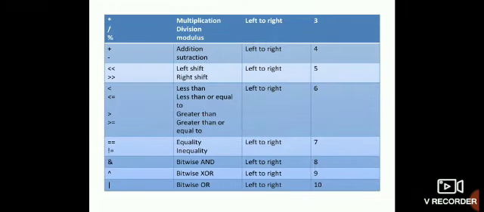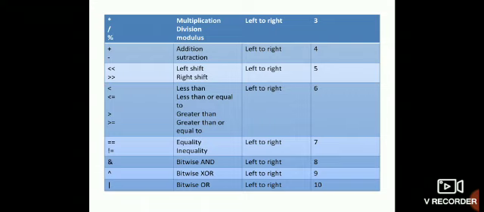The next operators are multiplication, division, and modulus, and the associativity is from left to right, and the rank is 3. The next operators are addition and subtraction, and the associativity is from left to right, and the rank is 4.